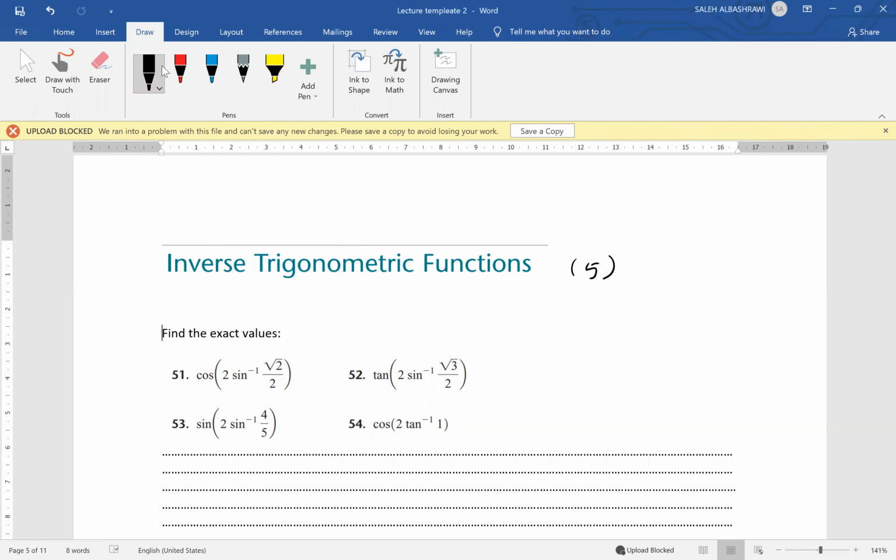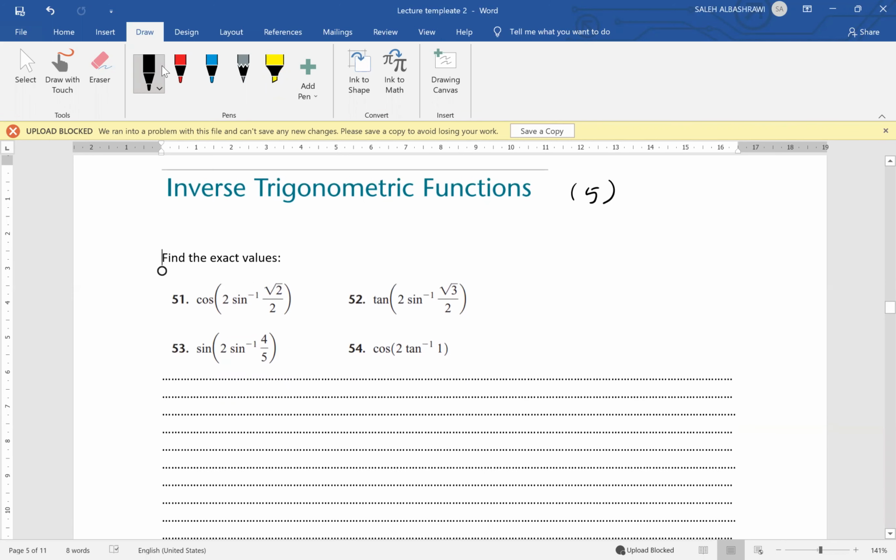In this set, we need to find the exact value of cosine of 2 sine inverse square root of 2 divided by 2. And the second exercise will be to find the tangent of 2 sine inverse square root of 3 divided by 2. And also we are going to have different types of exercises where we are going to apply either the double angle or the sum of two angles, or maybe the difference between two angles also.